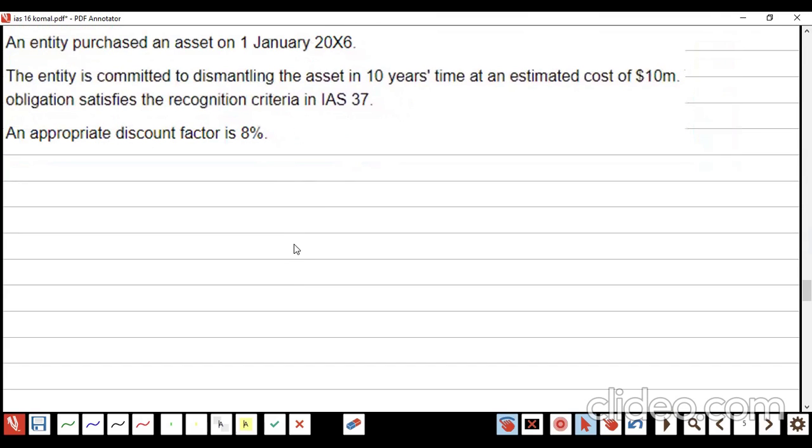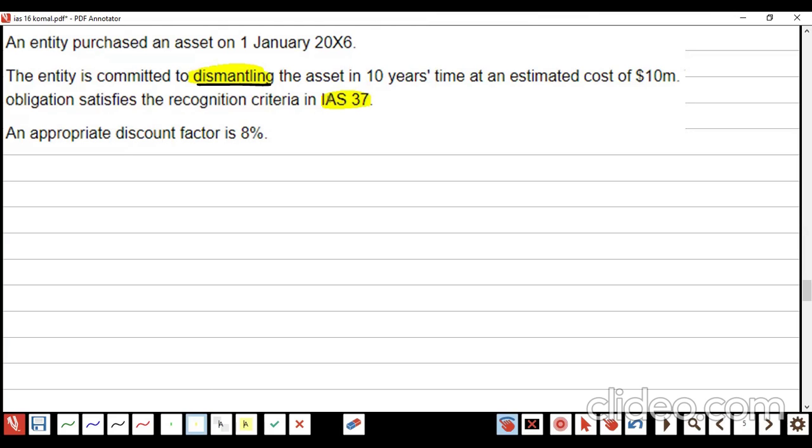Now we will learn the dismantling cost. Remember one thing, I teach dismantling cost while I am teaching IAS 16 completely. In your study hub, you will find this question or the discussion about dismantling or removal costs when you read IAS 37. Same thing.